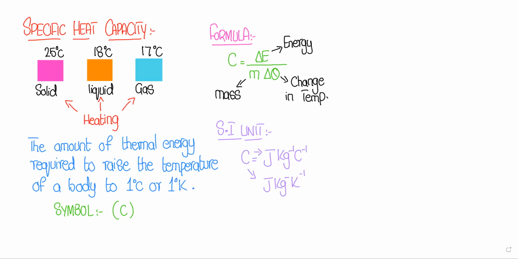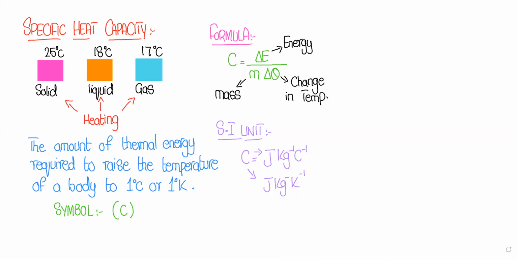So joules per kg per Kelvin or joules per kg per Celsius. Sorry, these are the SI units of the specific heat capacity, right? So any confusion?